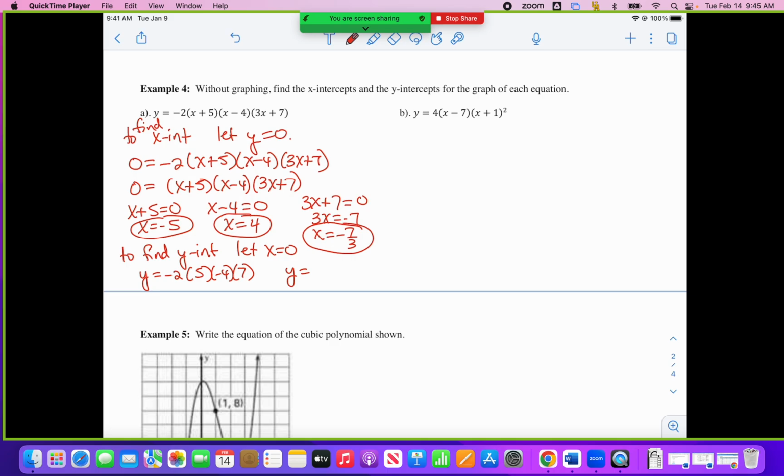That one's a big enough number. Well, actually, you probably could get away with that one. What's 2 times 5? 10. What's 4 times 7? 28, right? I'm just doing the 4 times 7. So 10 times 28, 2 negatives, so that's 280.